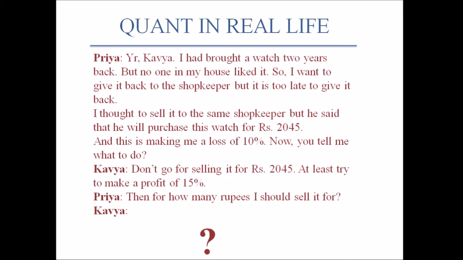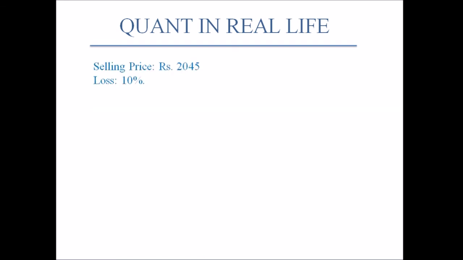While she is solving it, we need to find out the cost price first, for which Priya is getting a loss of 10%. Here, the selling price is rupees 2045 and the loss is 10%. So to solve this, we will use the same formula that we used previously.